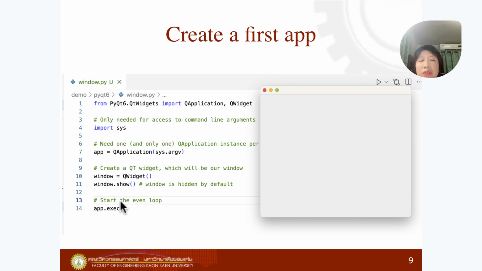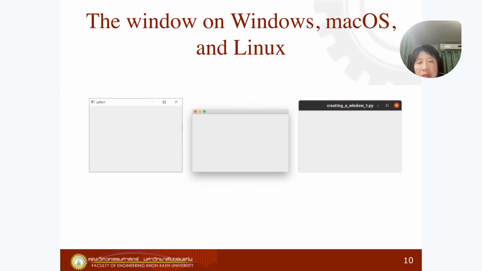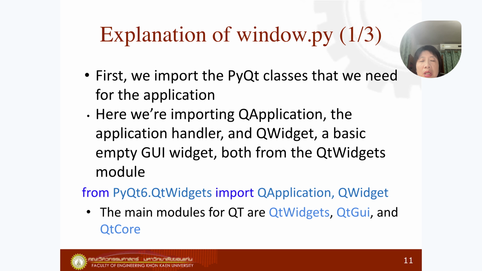So after we do this, then we get the window showing up on our computer. And these are windows on different operating systems. The left hand side is the window that appears on Windows. The middle one appears on Mac, and the rightmost one is the one that appears on Linux.